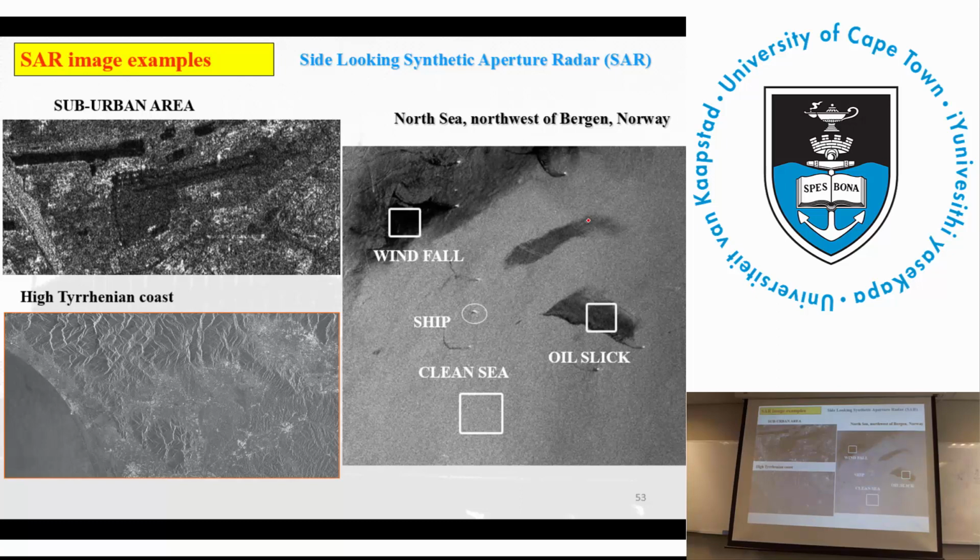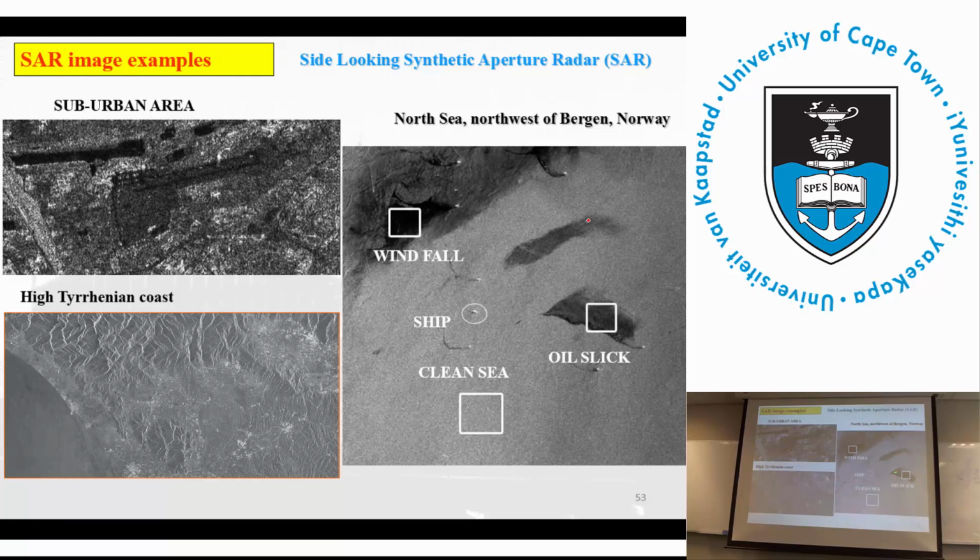Oil slicks, because of the oil on top, the viscosity of the oil is higher than that of water. So the wind doesn't produce the same ripples. If you look at an oil film on top of water, it smooths down the ripples. That's why it looks darker, for the same reason. So it's hard to distinguish this from this.